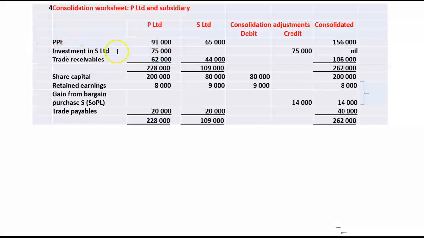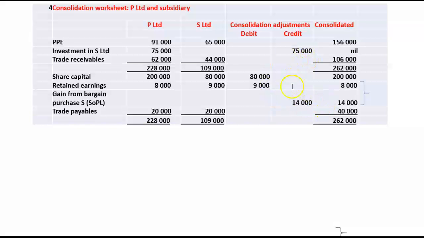Investment is an asset, so if we want to eliminate that, we have to credit the asset account in P Limited's books 75,000. Then we want to eliminate the equity of S Limited as at the date of acquisition, so we have to debit in S's books the share capital of S. We're going to debit in S's books the retained earnings of S, and then this thing doesn't balance because I've got 89,000 as debits and only 75,000 as credits.